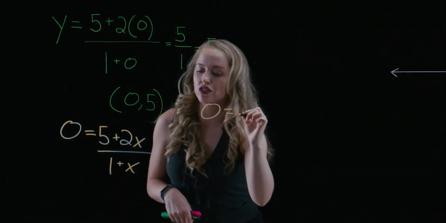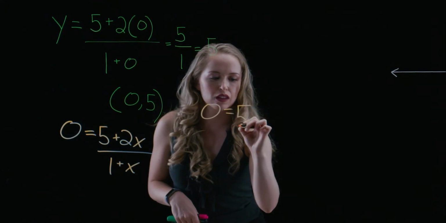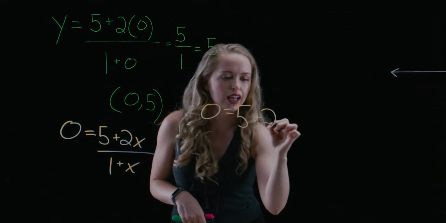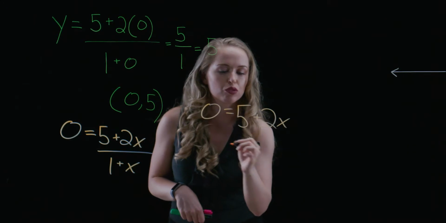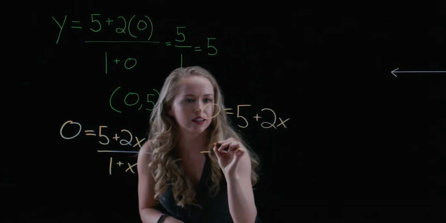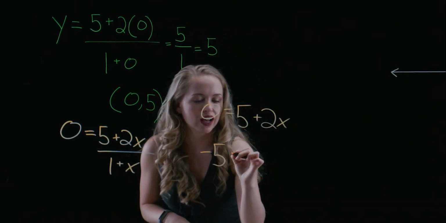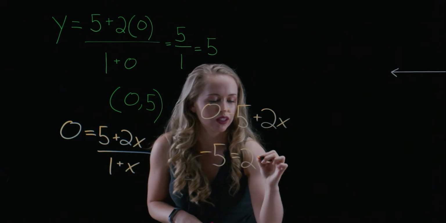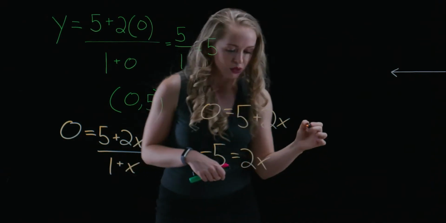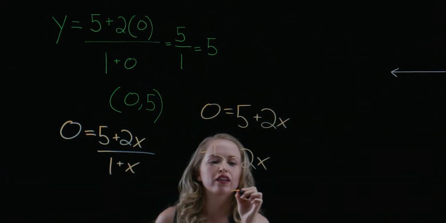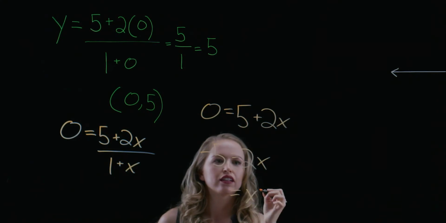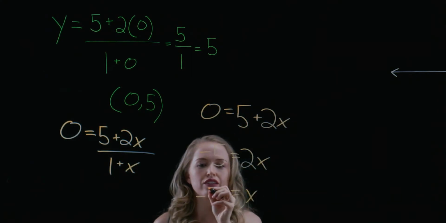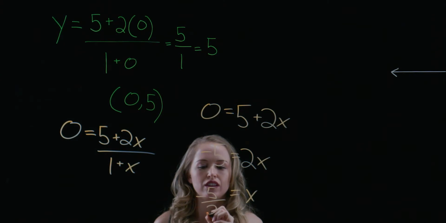I can rewrite this as just 0 equals 5 plus 2x. And again, my goal is to get x by itself, so I will go ahead and subtract 5 from both sides. I wind up with negative 5 equals 2x. I'll divide both sides of that equation by 2. I wind up with x equals negative 5 halves.